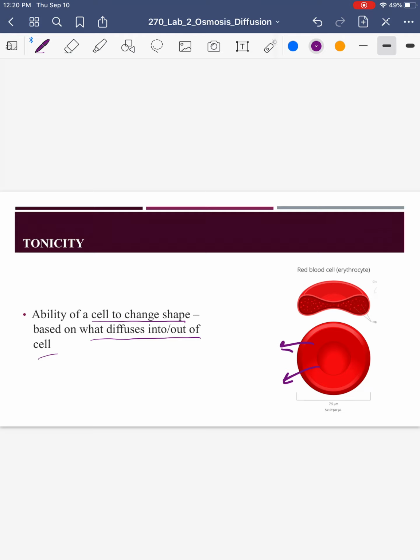And this characteristic of how a red blood cell may change shape is called tonicity. Because keep in mind, folks, diffusion is happening all the time. Things will diffuse into the cell, things will diffuse out of the cell. And as a result, depending on how much, and it's mostly water we're looking at here, depending on how much water diffuses in or out, the cell may change shape. That's not complicated now, is it?